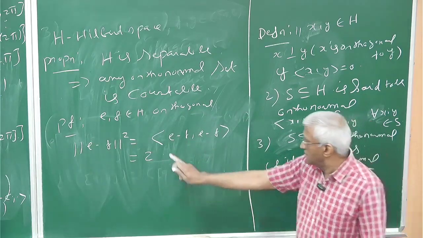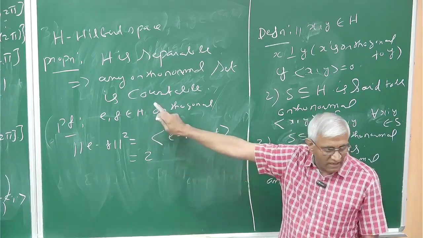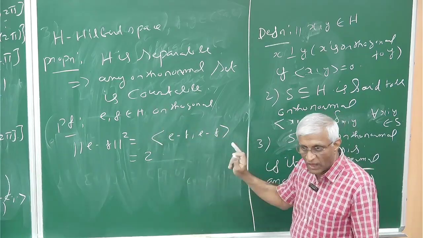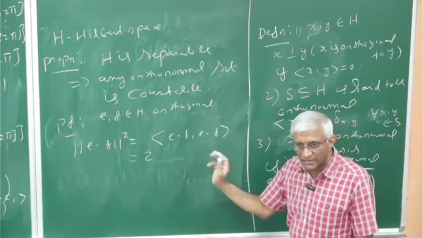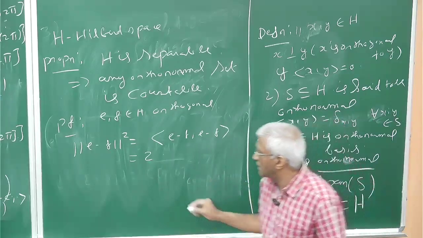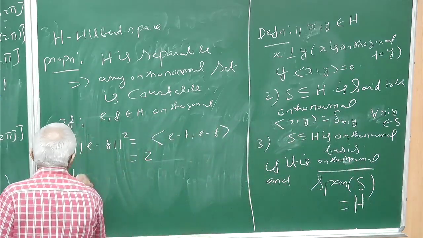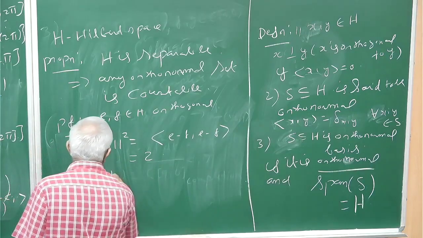You just compute this: e inner product e is 1 because it's orthonormal, f inner product f is 1, and the cross inner products are 0. So the distance between e and f is just the square root of 2.